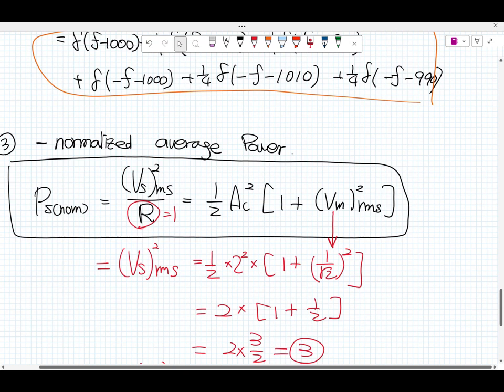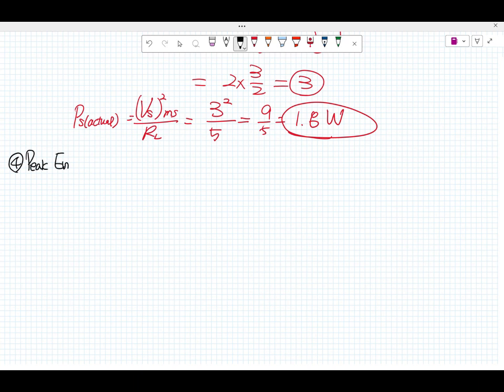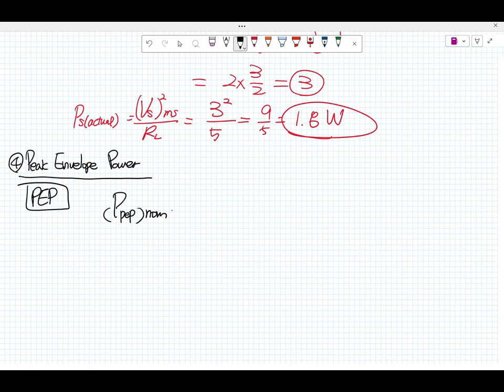All right, so what is question 4? What we are looking for is the peak envelope power, P sub PEP. This is also a normalized value.